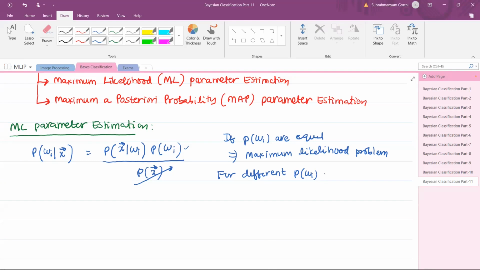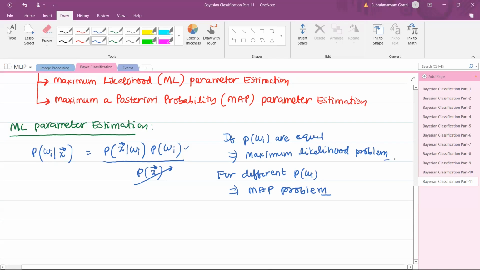MAP estimation is the same as maximum likelihood estimation in the first case. Now you need to multiply that with your prior probabilities also and then do it. So typically you could put it under the basket of maximizing a posteriori probabilities problem. Do you all agree with me?